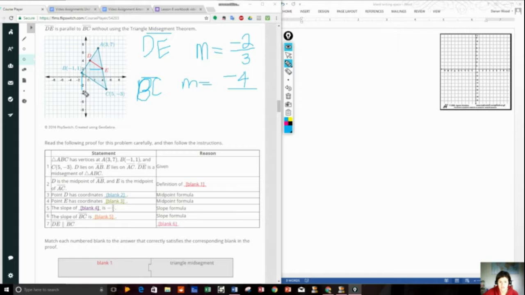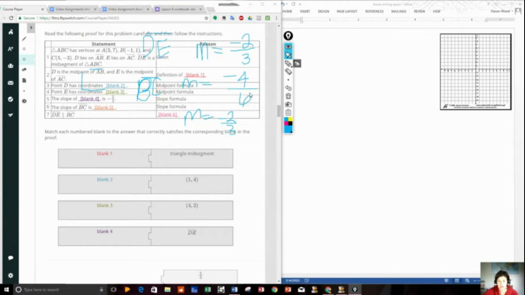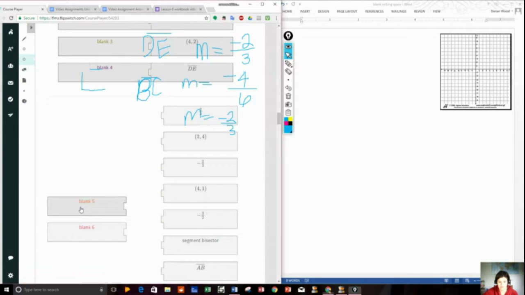My horizontal distance for my run is 1, 2, 3, 4, 5, 6. And if you hear little grunts and groans in the background, that's just my little one moving around in his sleep. So m is equal to -4/6, which reduces down to -2/3. If they don't have -4/6, we're looking for -2/3 for blank 5. So blank 5 is -2/3.